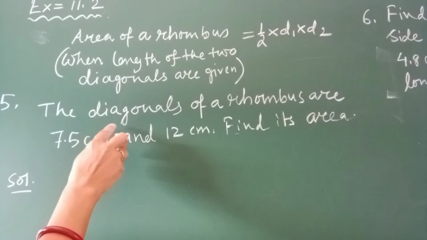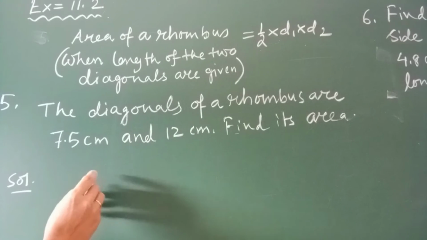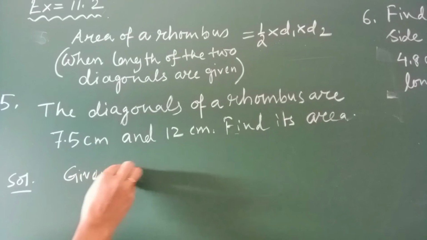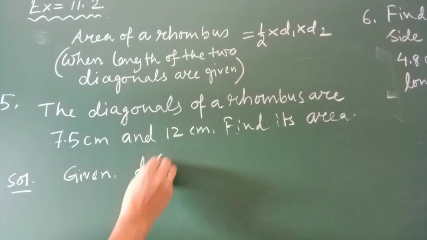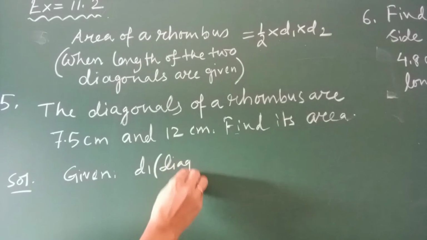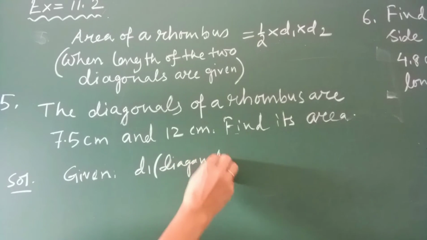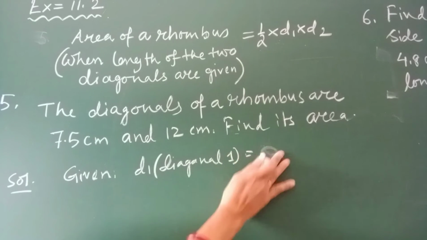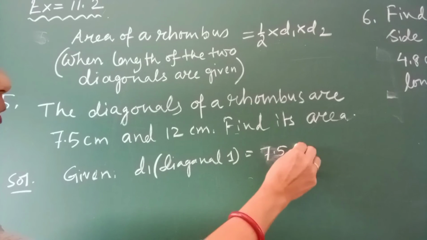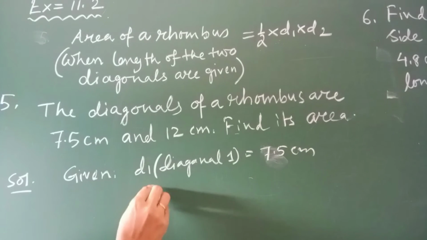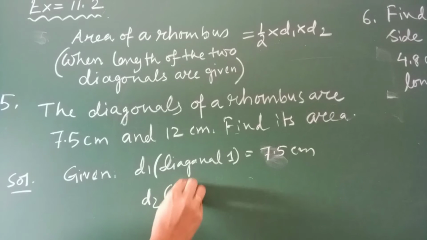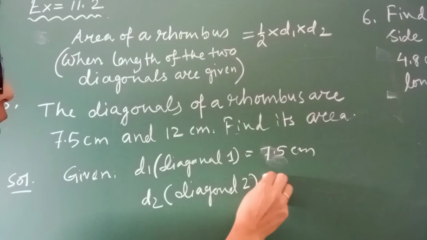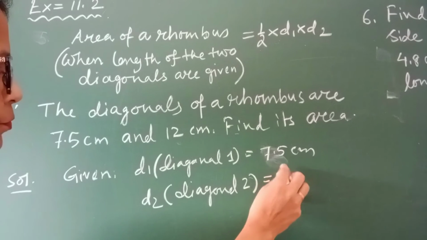So in this question, the diagonals of a rhombus are given: D1, diagonal 1, equal to 7.5 centimeter, and diagonal 2, say D2, equal to 12 centimeter.